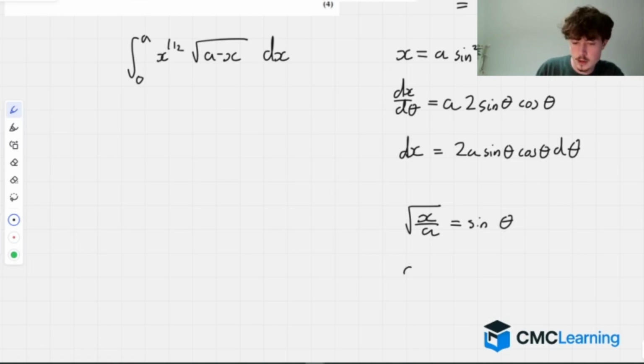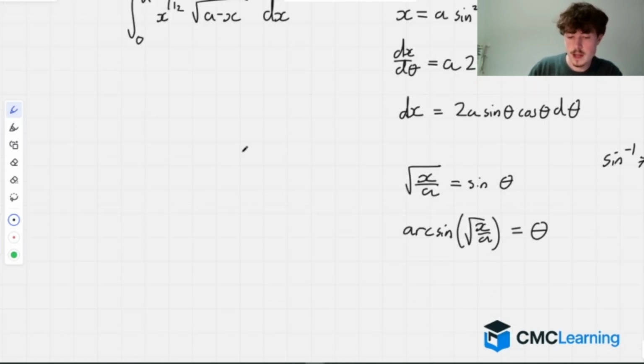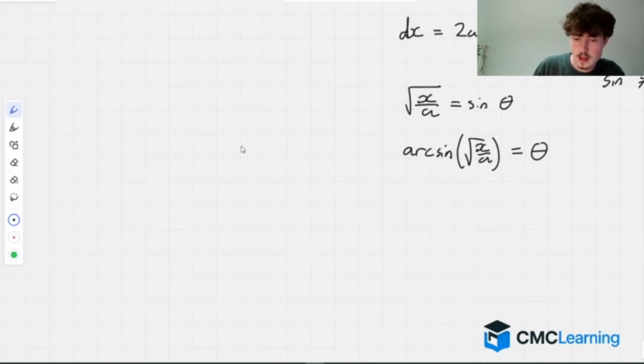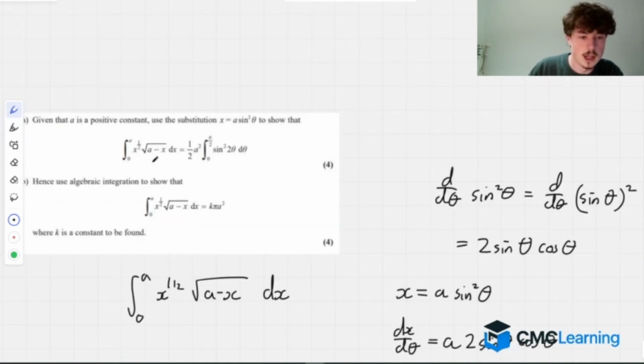Now we can do arc sine, which is the inverse sine, sometimes written as sine to the minus 1, but this, just to be careful, does not equal 1 over sine, of root x over a equals theta. Now we can make the substitutions of x equals a and x equals 0 from the integral given to us.